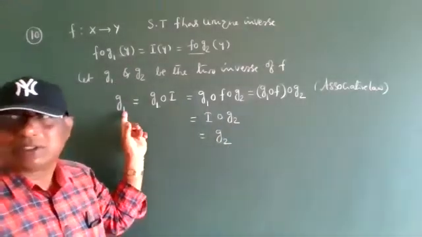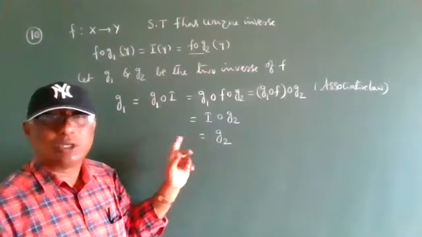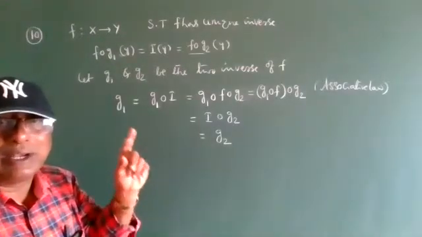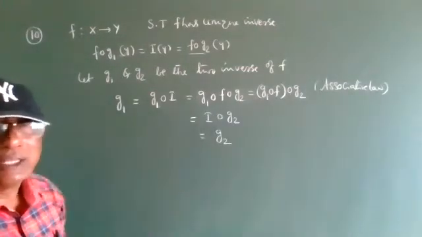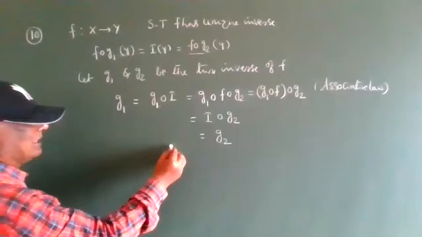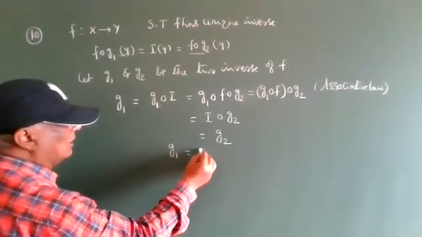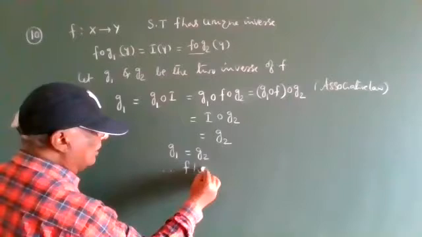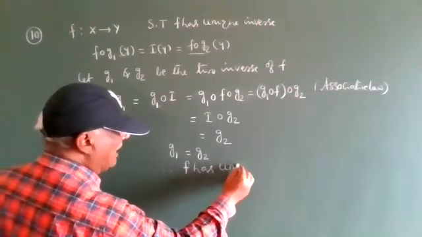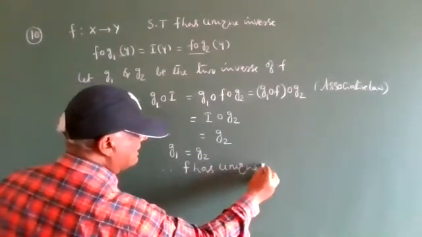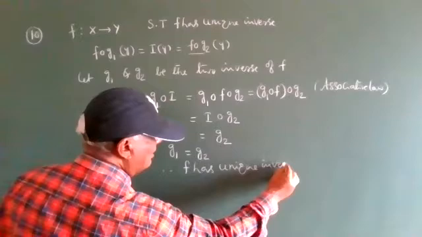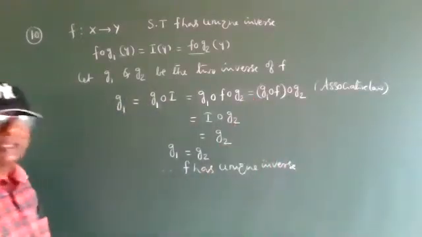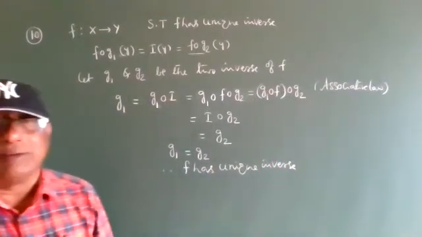Therefore, we start with G1 and we get G2. So G1 is equal to G2. Therefore, F has a unique inverse. Is it clear, everyone?